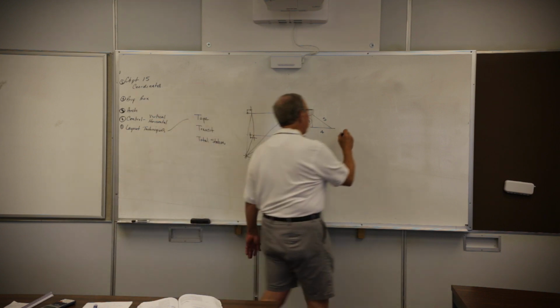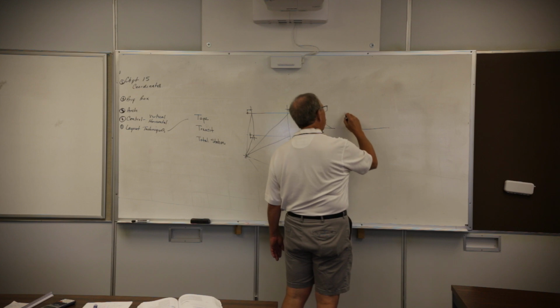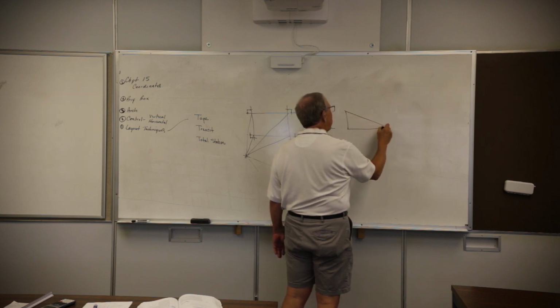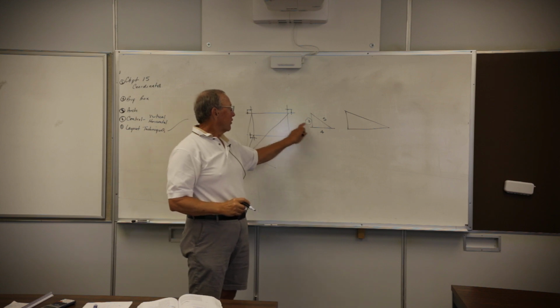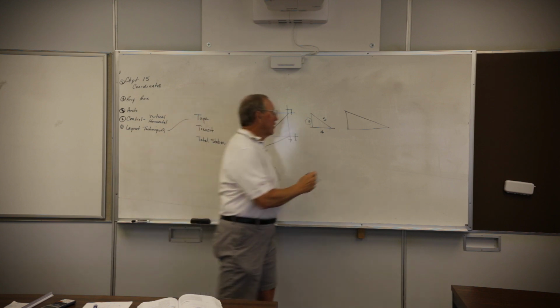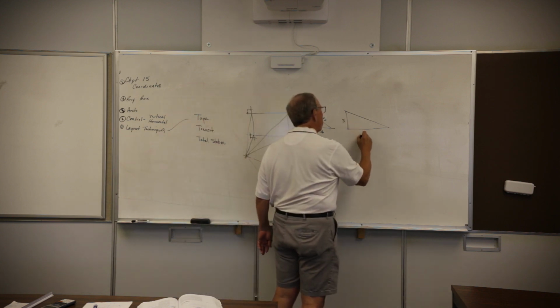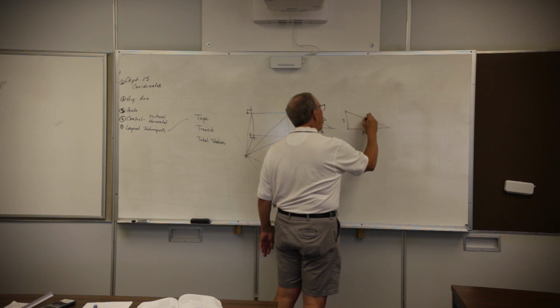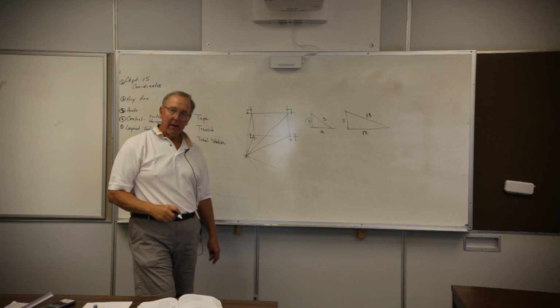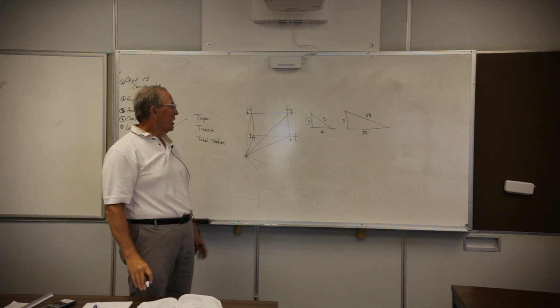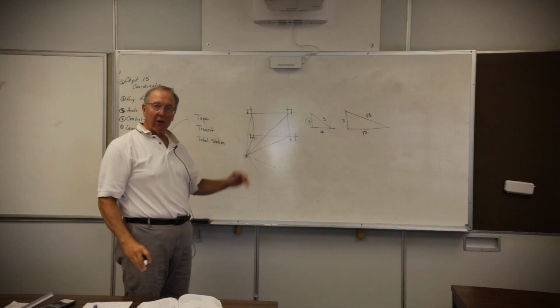Another one that I use quite often, if I have a structure that's quite a bit longer than it is wide, is the 5, 12, 13 triangle. That gives me a right triangle. You can see it's 2.5 times longer than it is wide.